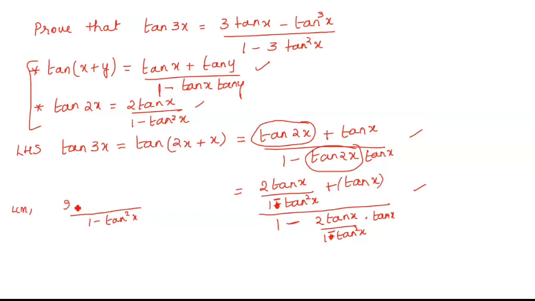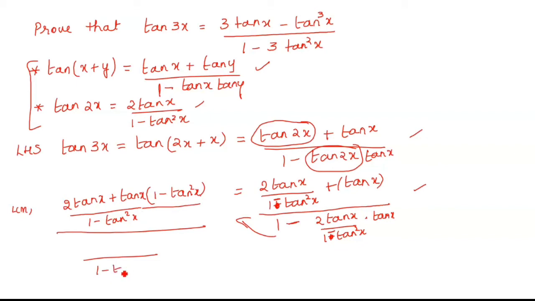So therefore it is 2 tan x plus tan x into 1 minus tan square x. Okay, whole divided by, once again LCM is 1 minus tan square x for the denominator. So now this 1 minus tan square x should be multiplied with the 1. So 1 into, so getting 1 minus tan square x.